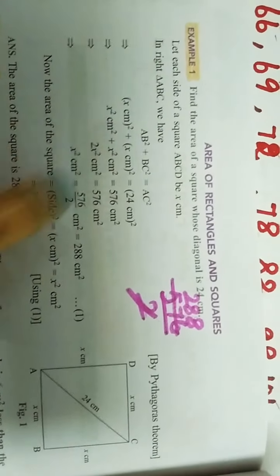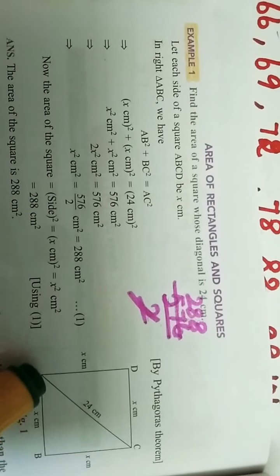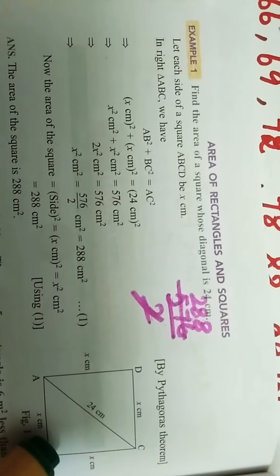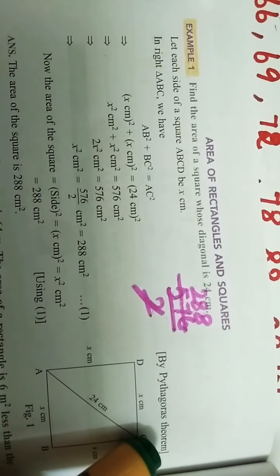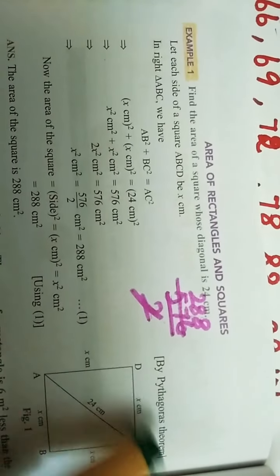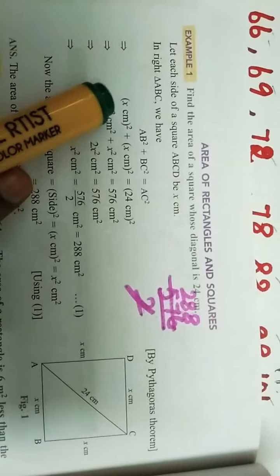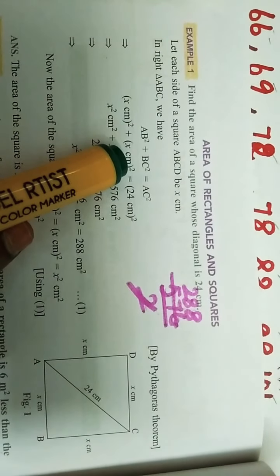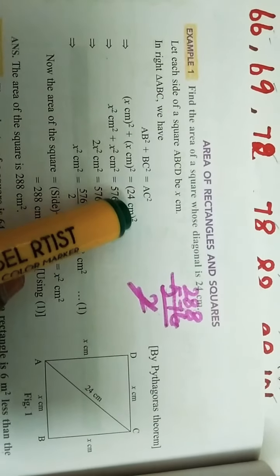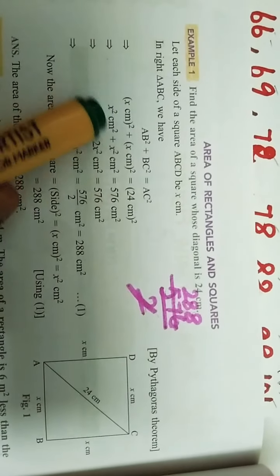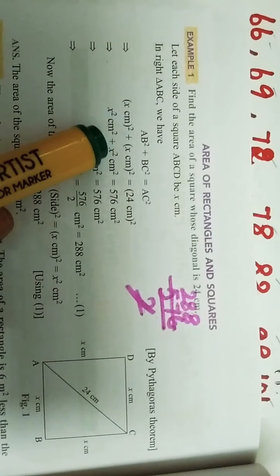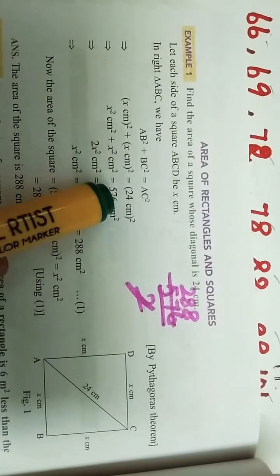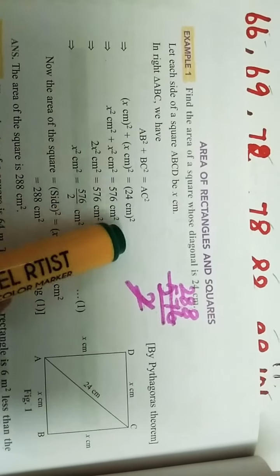In the right triangle ABC, we have AB square plus BC square equal to AC square by Pythagoras theorem. x centimeter whole square plus x centimeter whole square equal to 24 centimeter square, that is x square plus x square equal to 576 centimeter square.